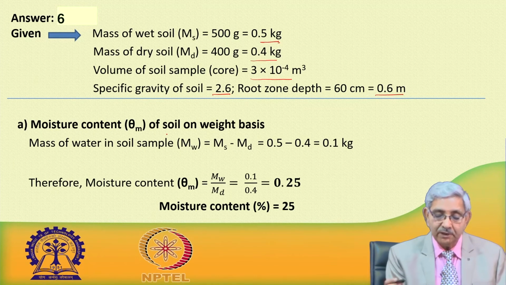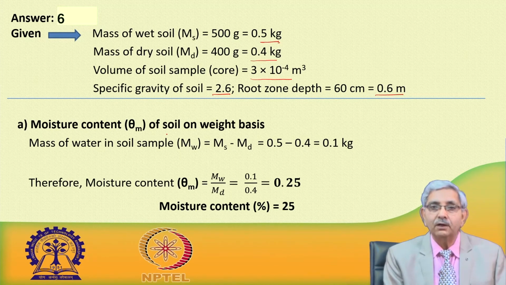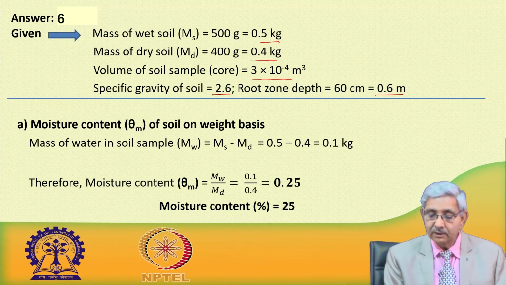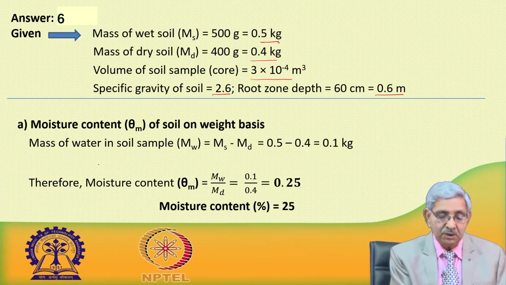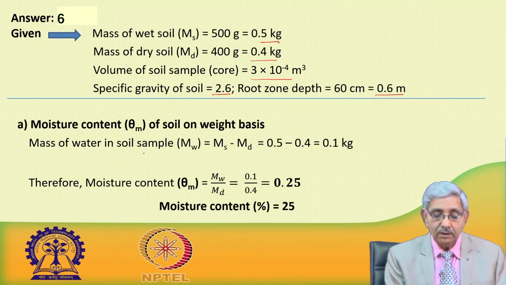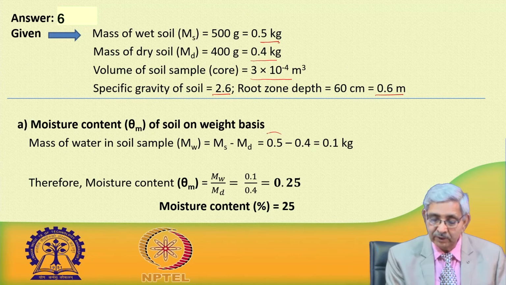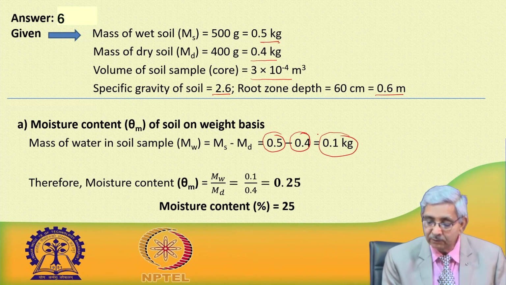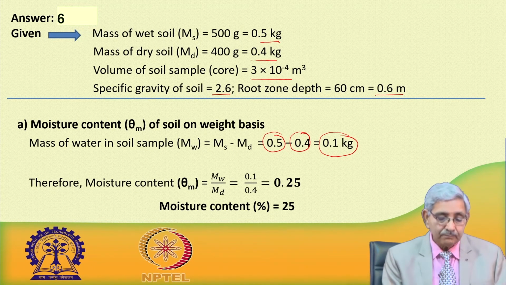Moisture content on weight basis, or we can say gravimetric soil moisture content, needs the mass of water in the soil sample, because we have been given the total soil mass and the weight of the dry soil mass. So, weight of water is 0.1 kg or we can say 100 gram.